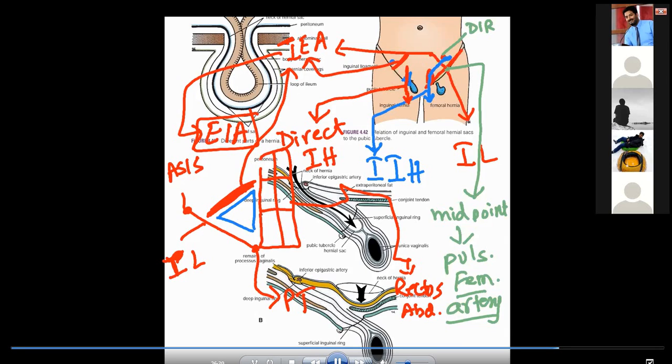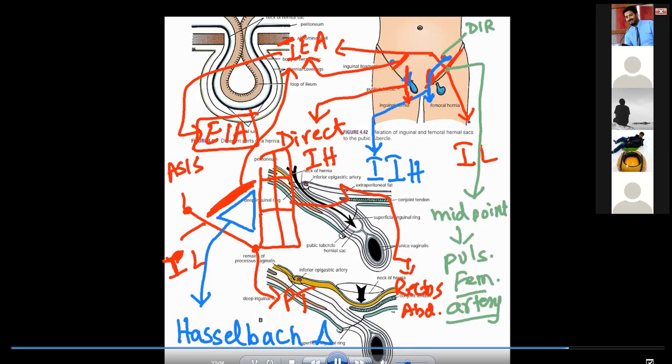Inguinal ligament, rectus abdominis muscle border, and inferior epigastric arteries or vessels, right? This triangle is known as what? Hesselbach's triangle. Which triangle? Hesselbach's triangle.